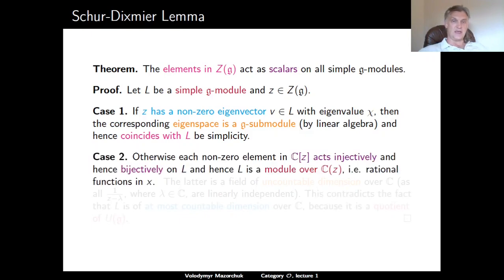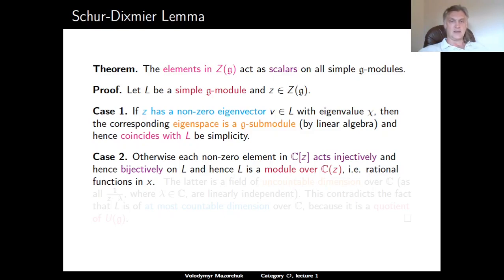The opposite case is where z doesn't have any non-zero eigenvector. In particular, any non-zero polynomial in z doesn't have any non-zero eigenvector. This is because if a polynomial has an eigenvector, we work over an algebraically closed field, so we can factor this polynomial into linear factors, and then one of these linear factors must have an eigenvector, and we are in case 1.